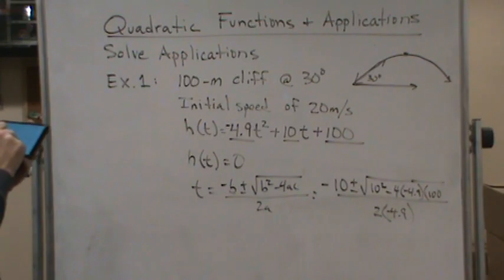Okay, negative 10 plus our square root, what we got. And then we're going to divide that by negative 9.8.